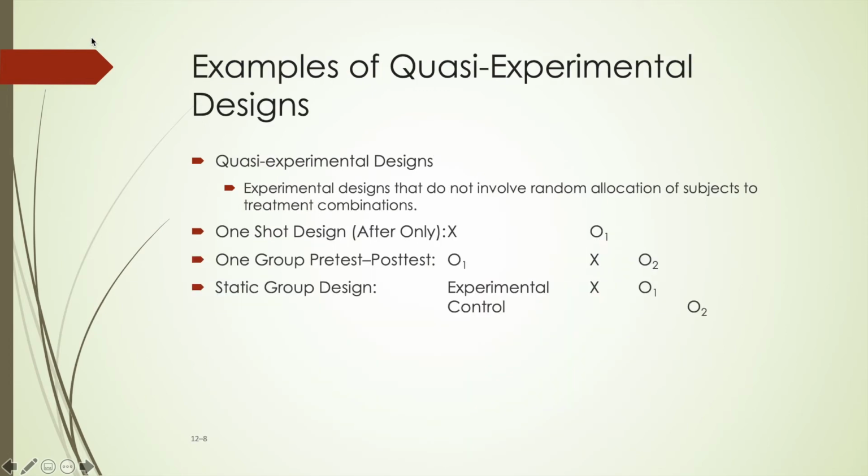Now let's talk about quasi-experimental designs. These are experimental designs that do not involve random allocation of subjects, so you don't see the R there. They're not randomly selected. Rather, they are selected based on the nature of the test. So you have a one-shot design.